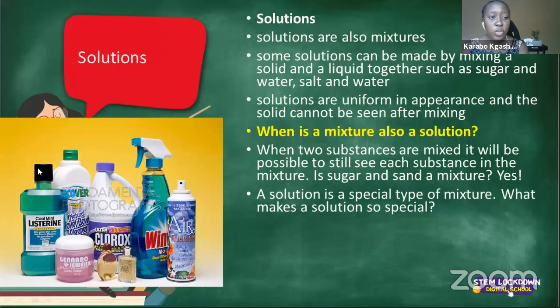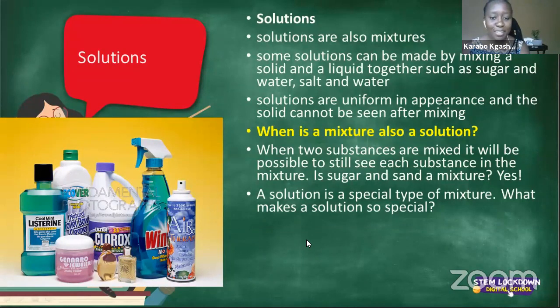What makes a solution special? Anybody give it a shot? I see some of you thinking. What makes it so special? All right, I guess nobody wants to answer this time.